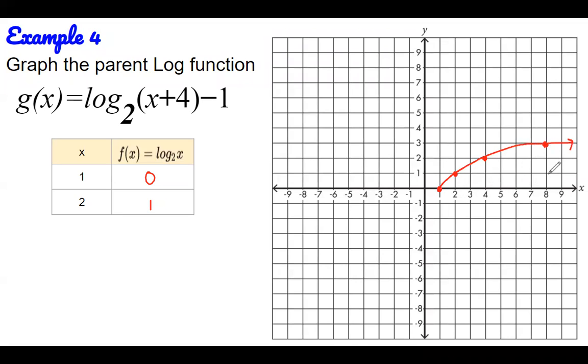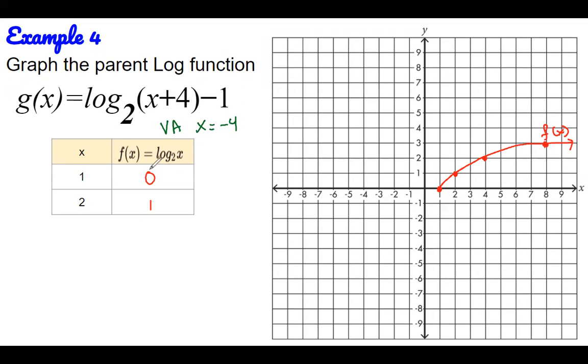All right. Now that we have our beautiful parent function, this is the parent function f of x. Now we're going to go ahead and transform it. What are our parameters here? Negative 4 is our h. The vertical asymptote is x equals negative 4.